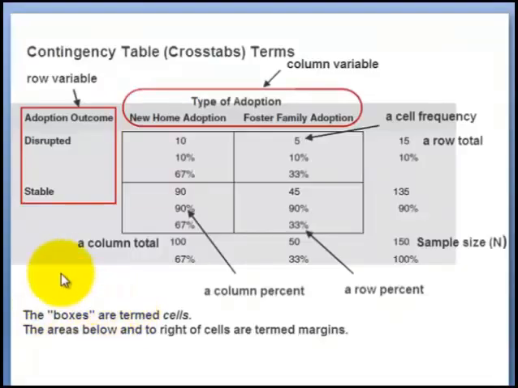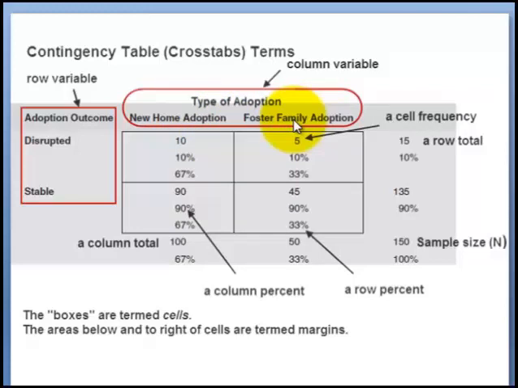So here you have an example of a contingency table, and there are lots and lots of terms on this table. Let me just do the best I can at walking you through them, and I hope I don't forget one. You can see we have two variables. One we'll call type of adoption. We'll call the other adoption outcome. Type of adoption has two values: adoption by new homes, which is to say not by a foster parent, and foster family adoptions.